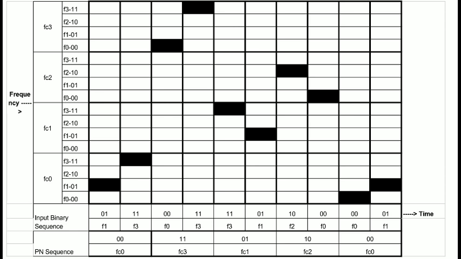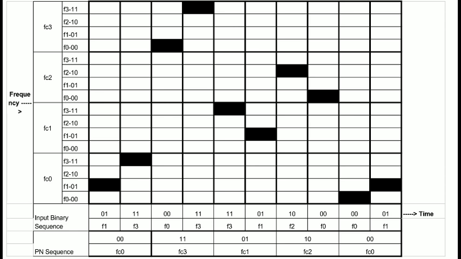Now we have to mark the representation for the given binary and PN sequence. In the first instant, the given binary data sequence is 0 1 and PN sequence is 0 0. So in FC0, mark the F1 frequency. In the second instant, we have binary bits 1 1 and PN sequence 0 0.